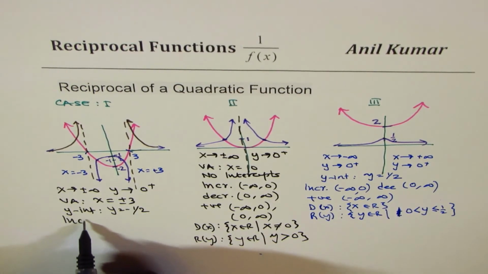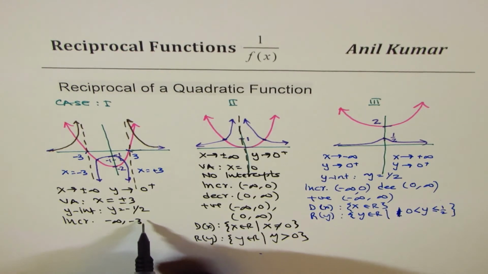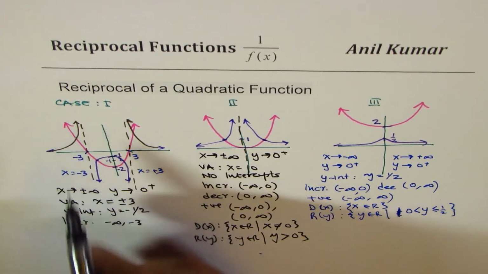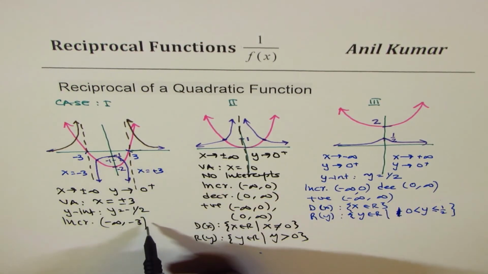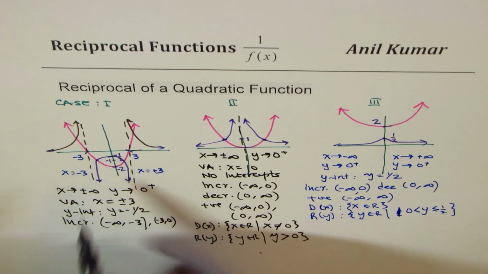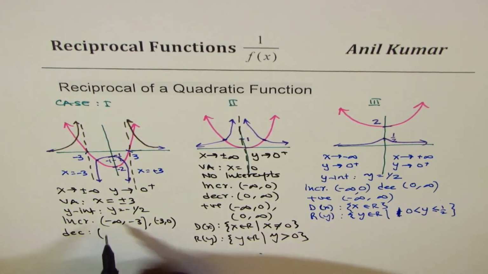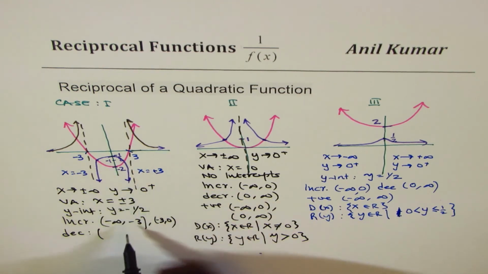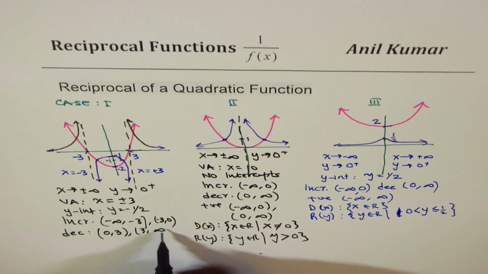It is increasing from minus infinity to minus 3, right? And then from minus 3 to 0, in these two quadrants, and it is decreasing from 0 to 3 and from 3 to infinity, correct?